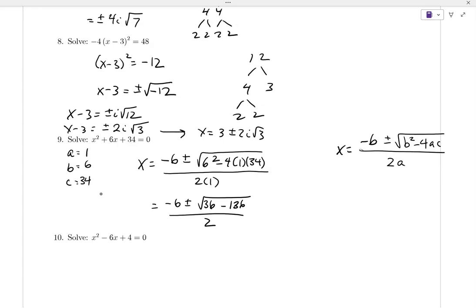So we get 36 minus 136 under the radical. So we get negative 6 plus or minus the square root of negative 100 all over 2. How can we simplify the square root of negative 100? It's 10i, good.